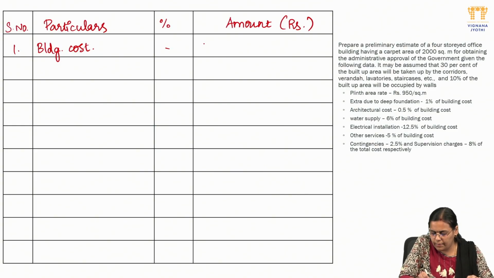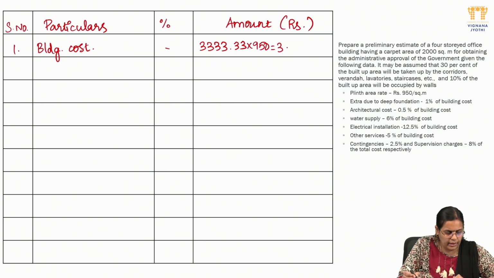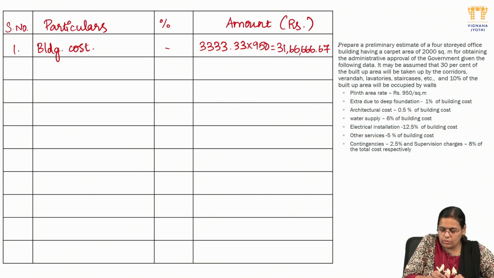Instead we have area, which is around 3333.33 into 950 multiplied. So we will get our building cost as around 31,66,666.67 rupees. So once you know this building cost, you can even move this calculation into your particular column and show only the values in the amount column, right?